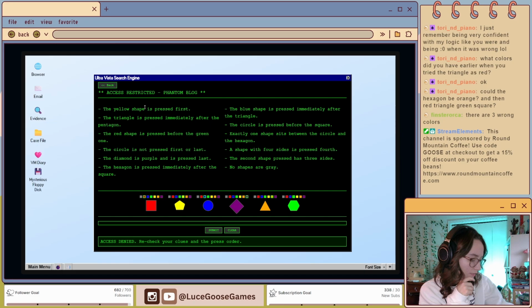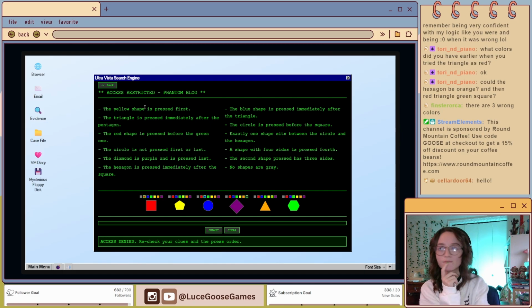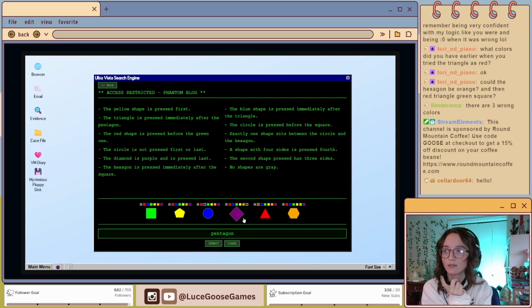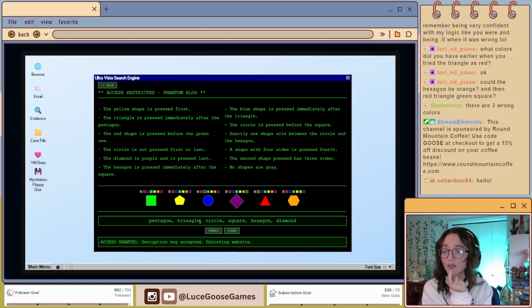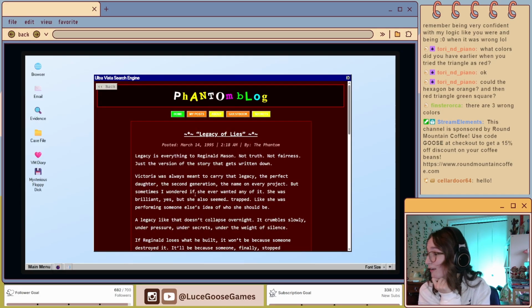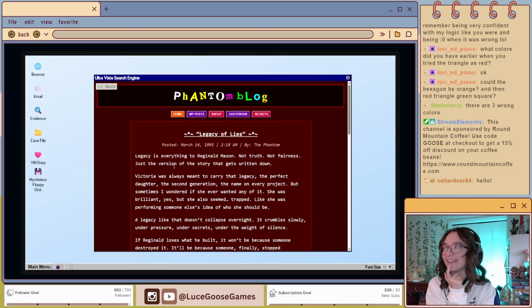What if the square is green, the triangle is red? So then that would make it yellow, red, blue, green, orange, purple. I have no idea how you got that. I have no idea, but thank you. Dang, that was tough.